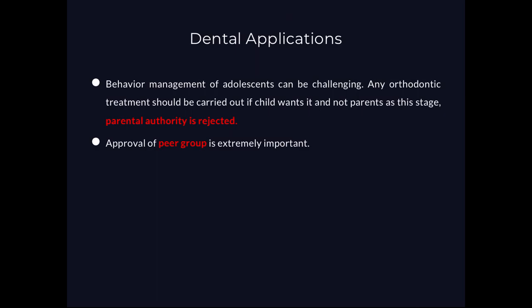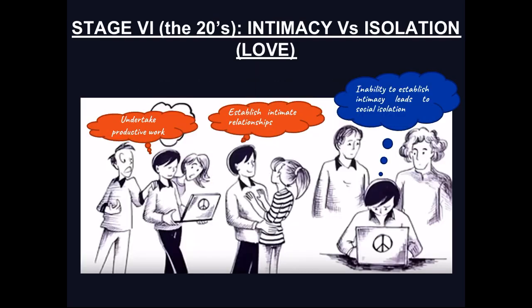So the approval of the peer group is extremely important. Any orthodontic treatment should be carried out if the child wants it and not the parent at this stage. So parental authority is rejected. The child should be given the freedom to decide what treatment he has to undergo.